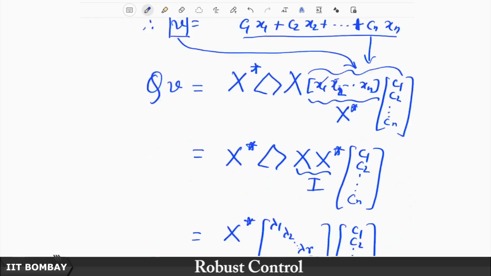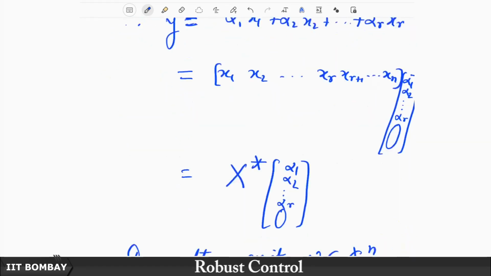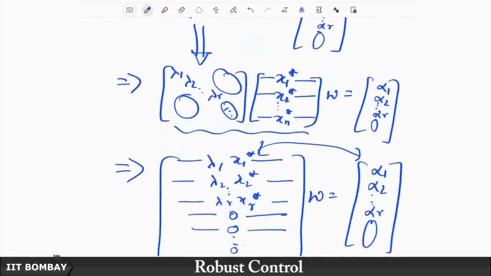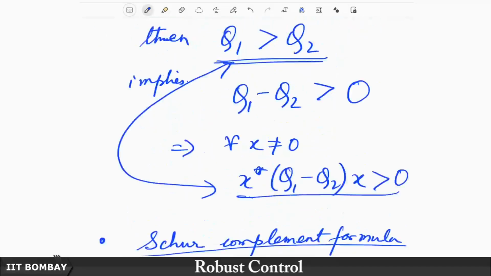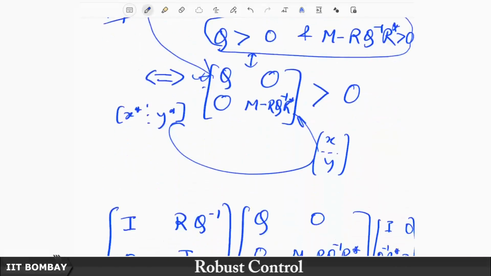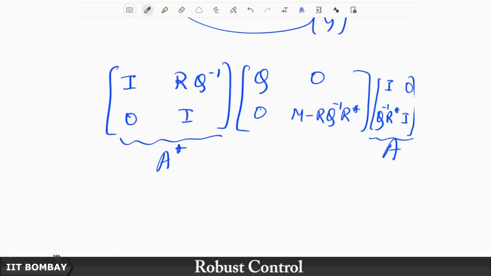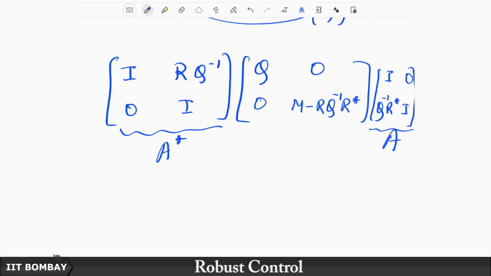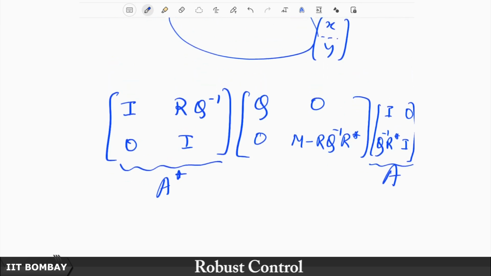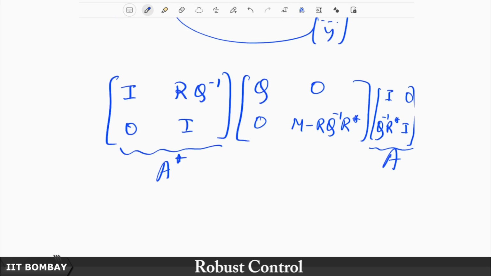And additionally, if A happens to be a matrix with a trivial kernel, then it is actually also going to be positive definite. Okay. So, all that we now need to show is that this is going to be the same. We will see that later.